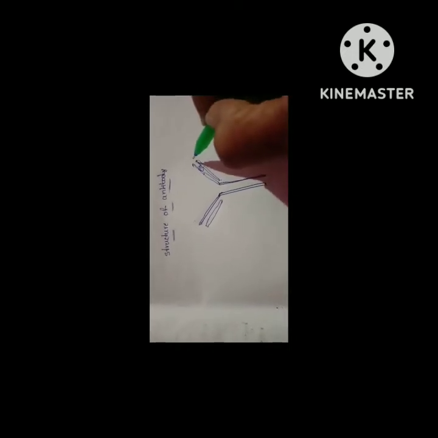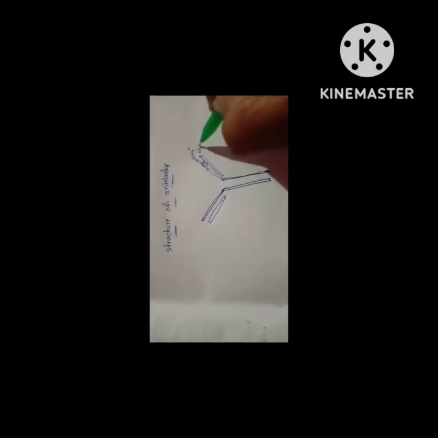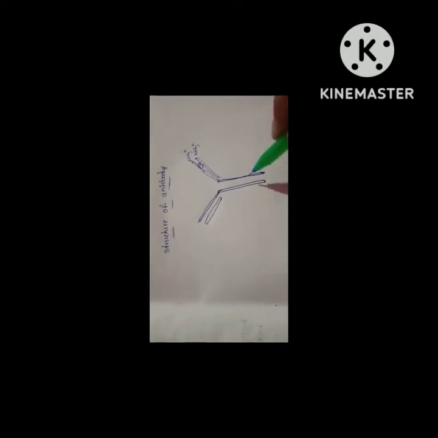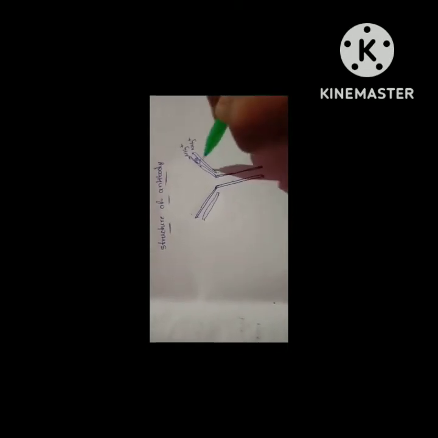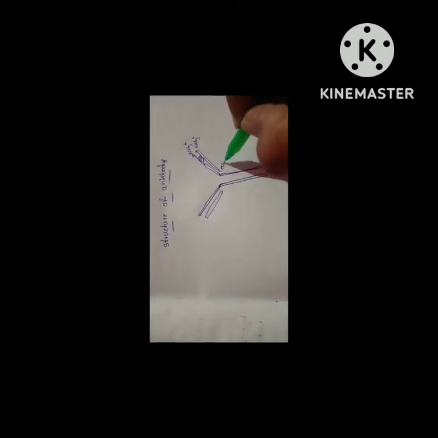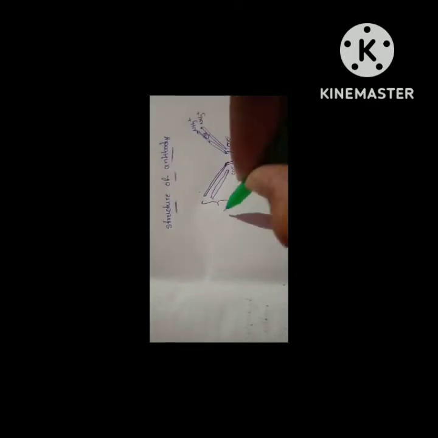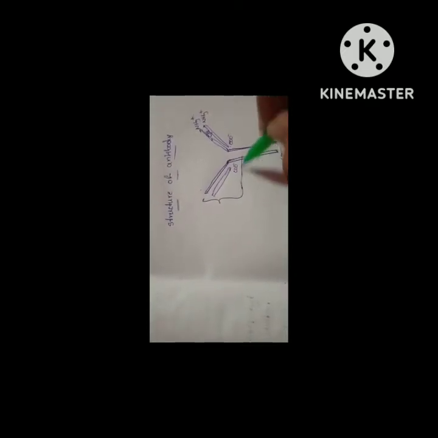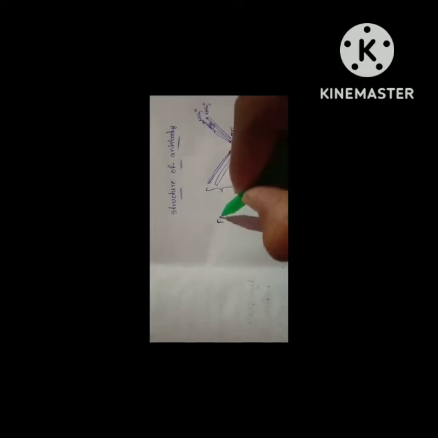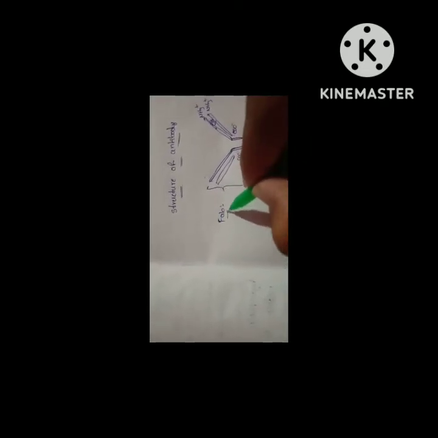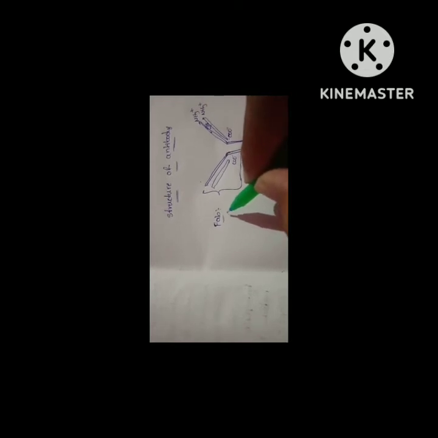The upper part of the antibody has the amino group in both light chain and heavy chain, and the lower part has the carboxylic group in both. This surrounding region is called the FAB region.